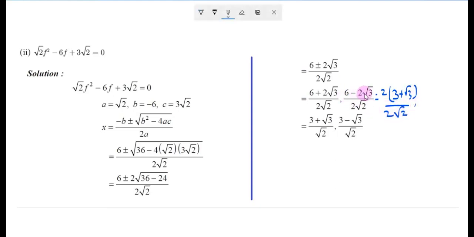There also 2 common, so take 2 outside, 2 3s are 6, so when we take 2 outside, here 3 will come, minus root 3 by 2 root 2. Same term here plus, there minus. Okay, now 2 cancel, there also 2 cancel, the remaining term 3 plus root 3 by root 2, comma 3 minus root 3 by root 2, understood.